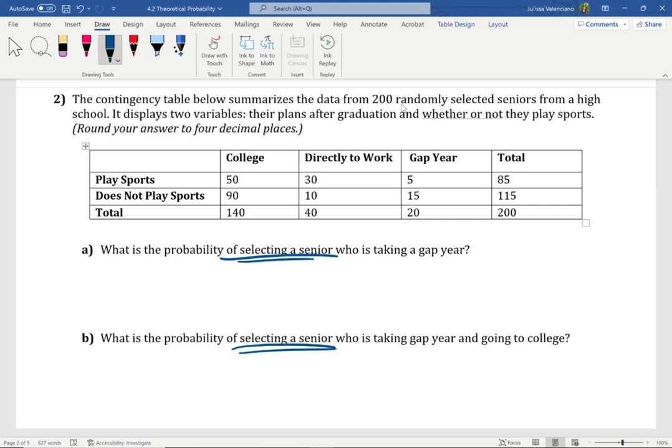We have 200 seniors. Each senior is going to be one of the outcomes. We're randomly selecting a senior. The probability of selecting Julissa out of the 200 or Justin out of the 200 or Samantha out of the 200, the probability of selecting any of the seniors is the same.